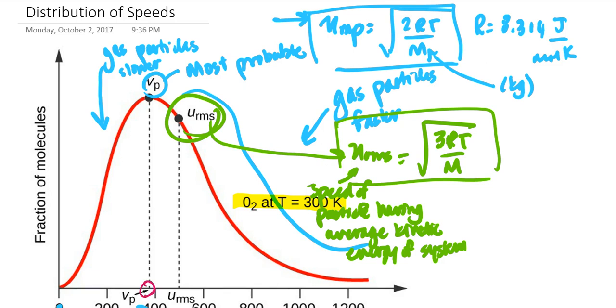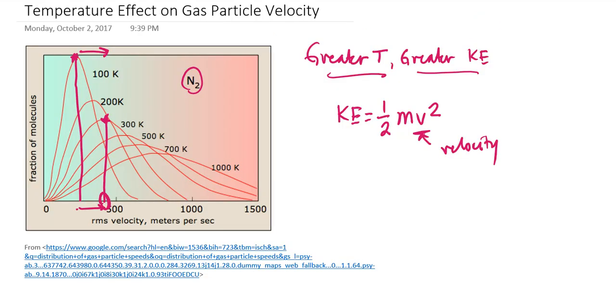And that can be explained by molar mass, because the molar mass of oxygen is approximately 32 grams per mole, whereas the molar mass of nitrogen is approximately 28 grams per mole.